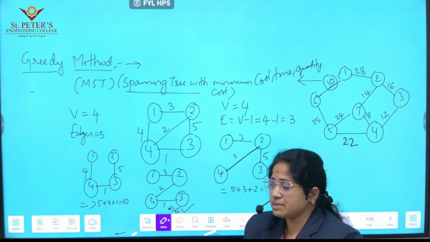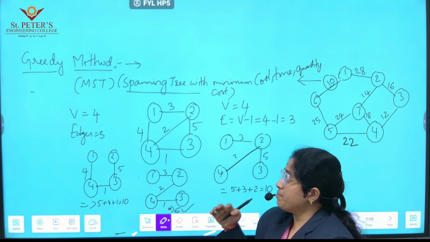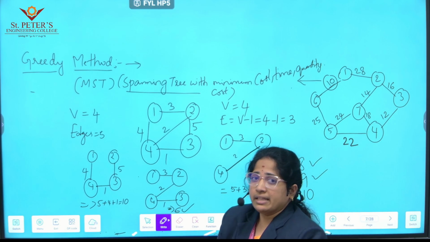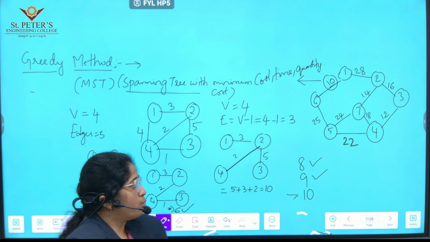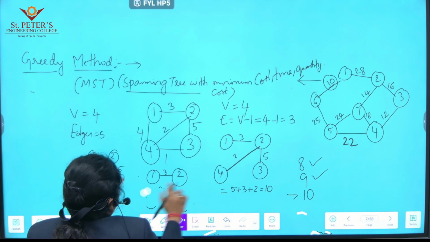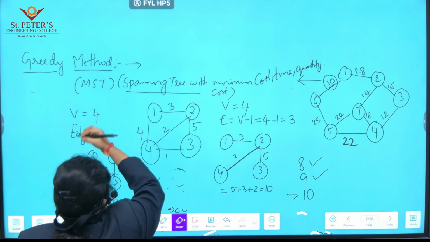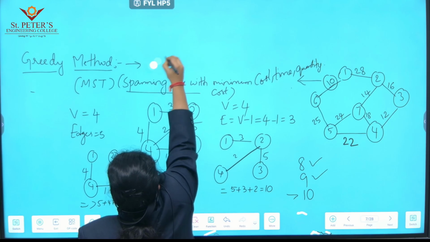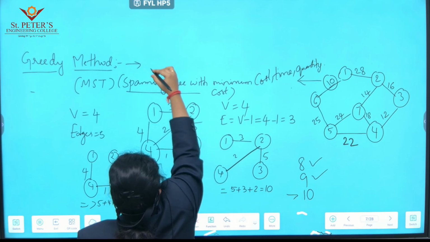For finding the minimum cost spanning tree in these conditions, we have 2 algorithms, and the first algorithm is for finding the minimum cost spanning tree.